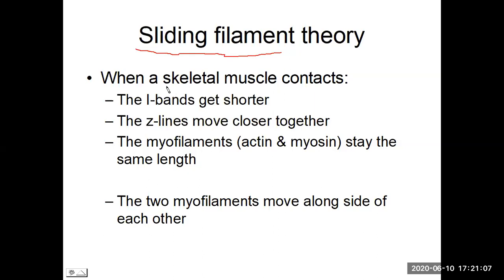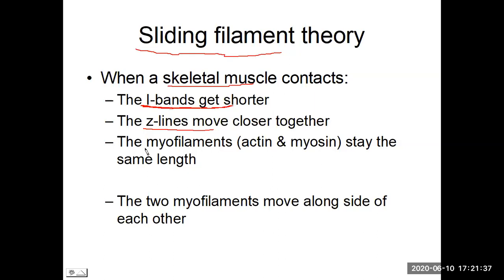So when a skeletal muscle is contracting, think of your biceps on your brachium as you're contracting to flex your elbow. Well, occurring at the cellular level, occurring within the sarcomeres, the I-band segment is reduced in length. The Z lines are being brought closer together. The length of the sarcomere is being reduced. The sarcomere is shortening.